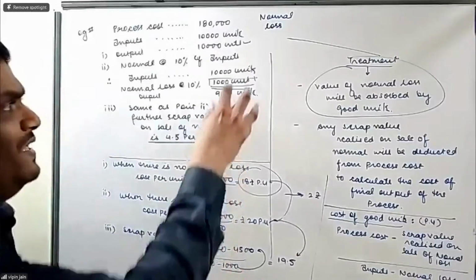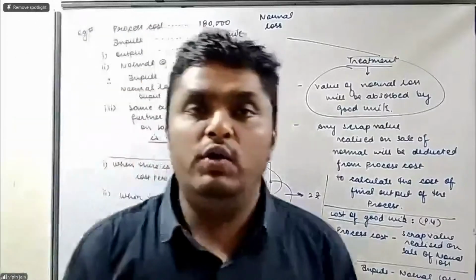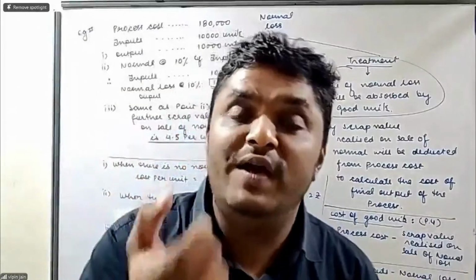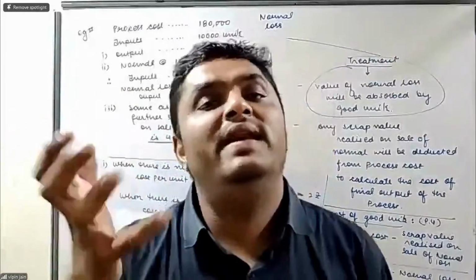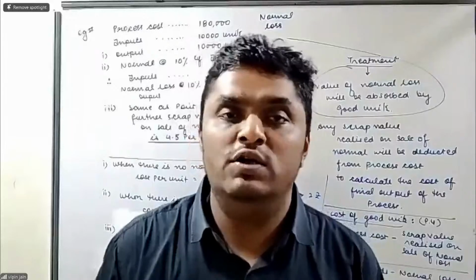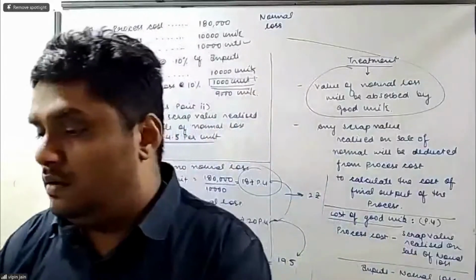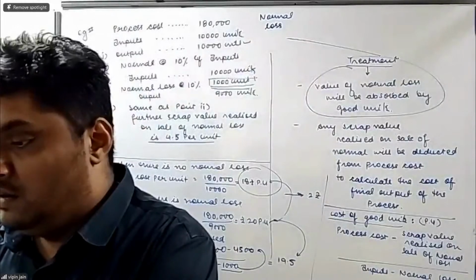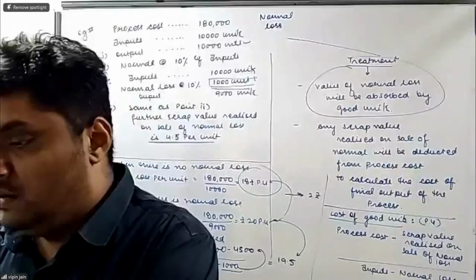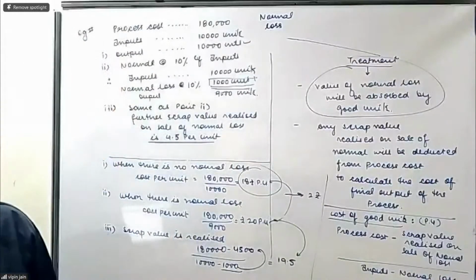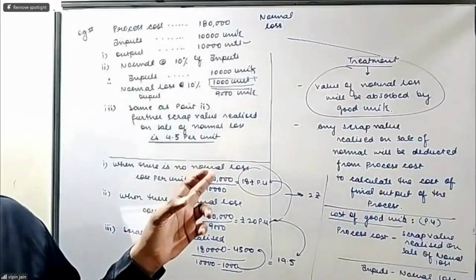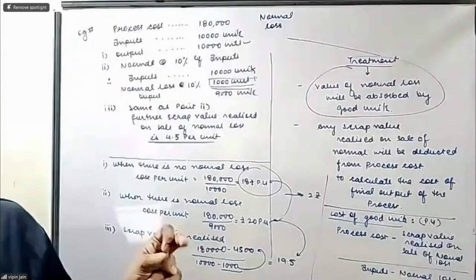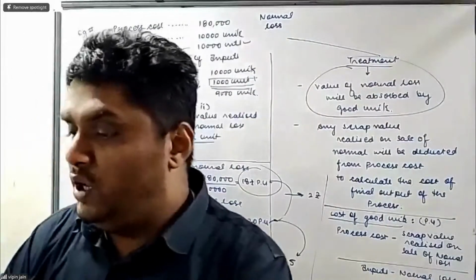So because of this, in short, the cost of these 1,000 units is absorbed by the remaining 9,000 units. That is the logic of normal loss. Komal, you are a bit late.